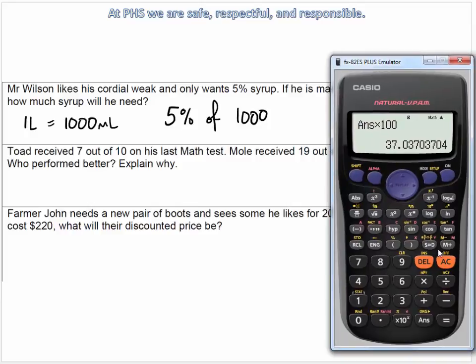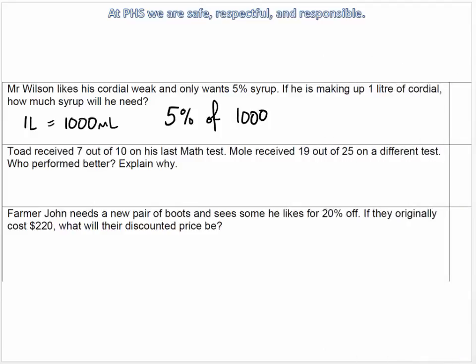Okay, so we're going to use 5%, well that's 5 out of 100. Oops. Of is times, and we're doing that for 1,000. Okay, so 50. 50 is my answer.